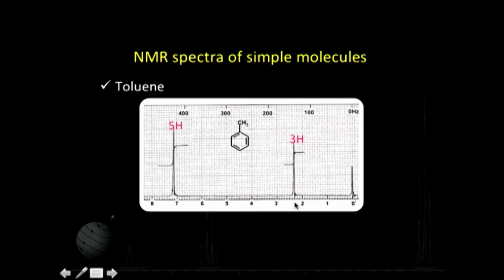And typically we mentioned earlier that these hydrocarbons or methyl groups typically come around say 1 ppm or so, 0.8 to 1.5 or so. In this case it is coming beyond 2, and this is because of the neighboring aryl group over there. This benzene ring is responsible for this downfield shift over there. So, this again is a good enough indication.